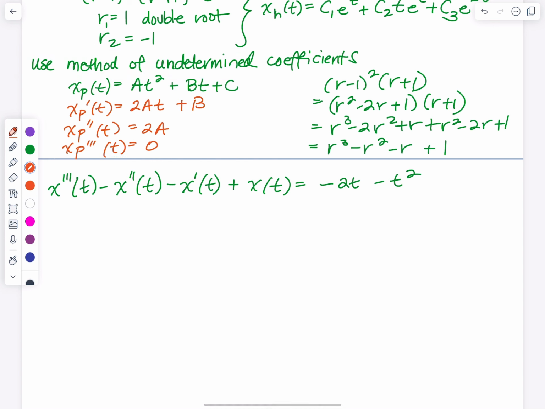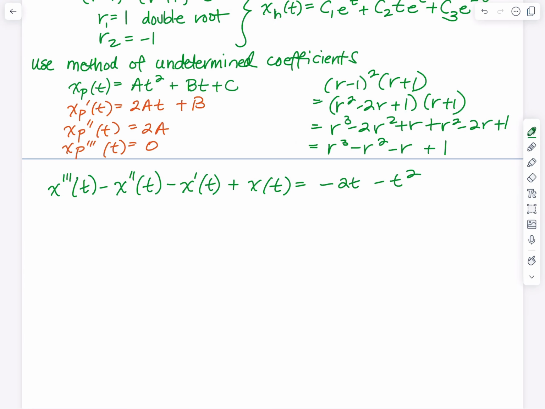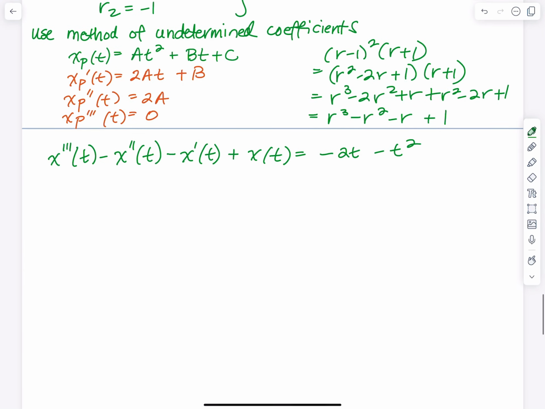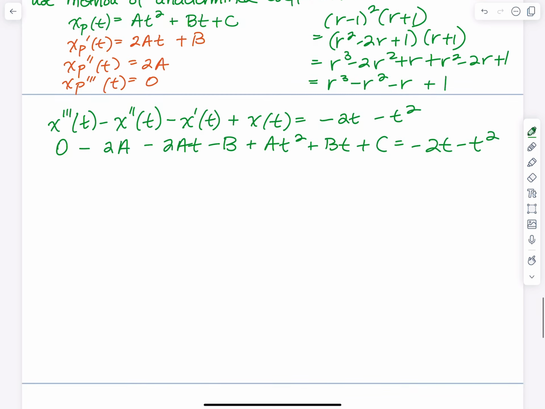And as you can see, over here, we will have 0 minus 2a minus 2at minus b plus at squared plus bt plus c is equal to negative 2 minus t squared.